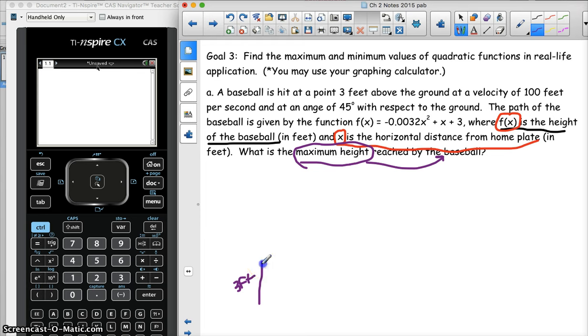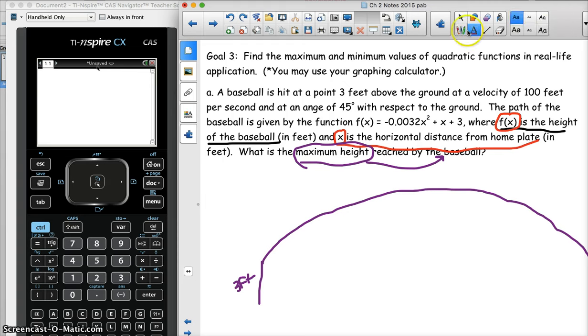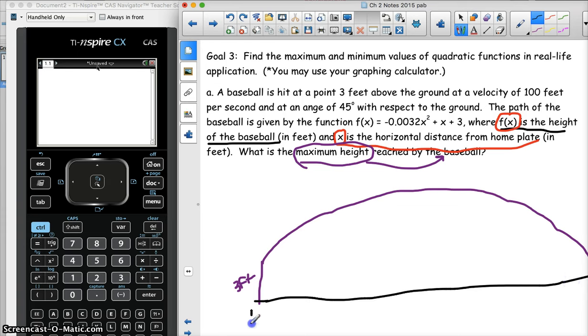And we know that when we hit a baseball, picture it in your mind at the ball field, it's going up, up, up, and then at some point it's got to come down. So the batter stands at home plate. I would let this point represent the batter's feet at home plate, and this line would represent the ground. So this is home plate.